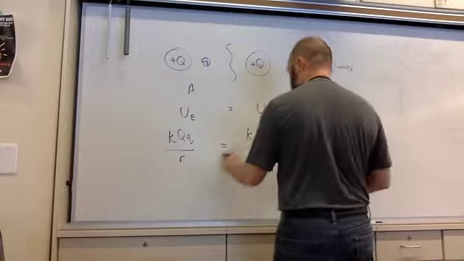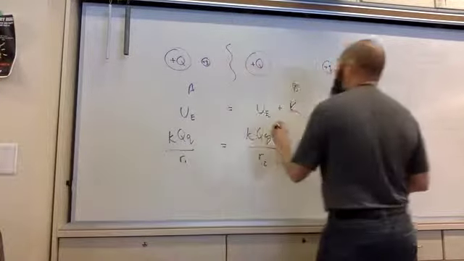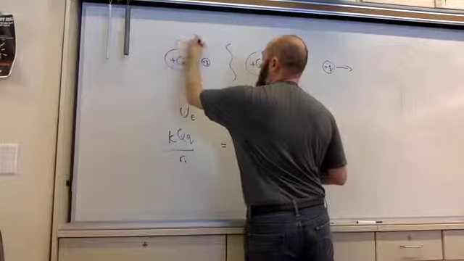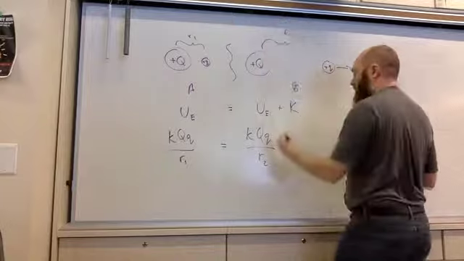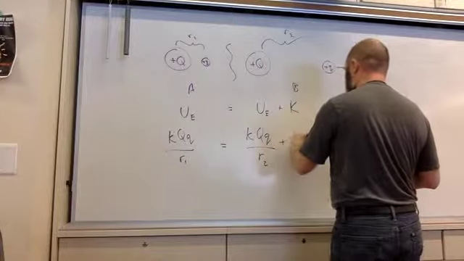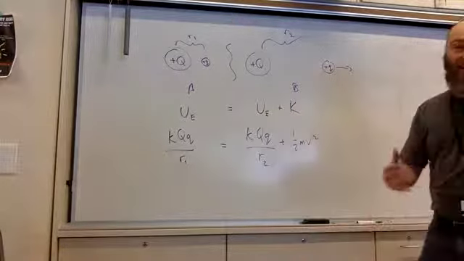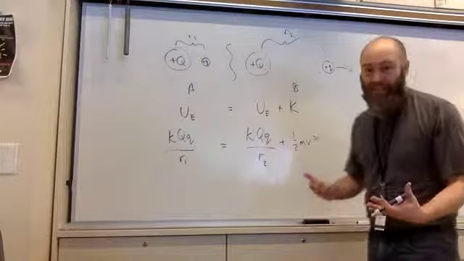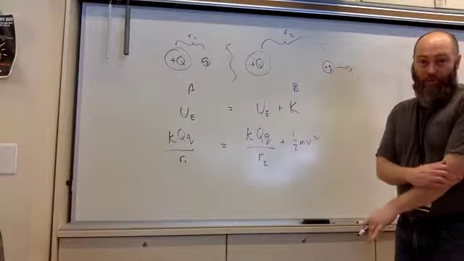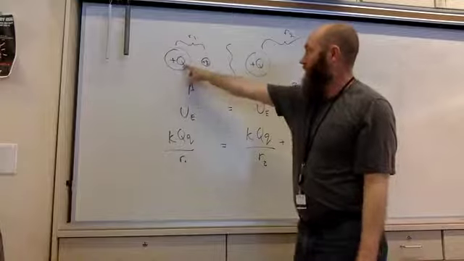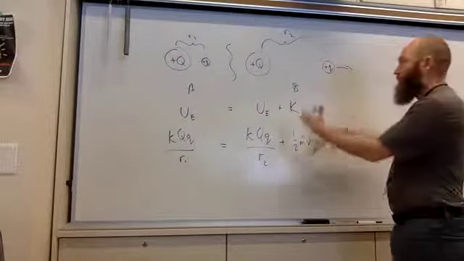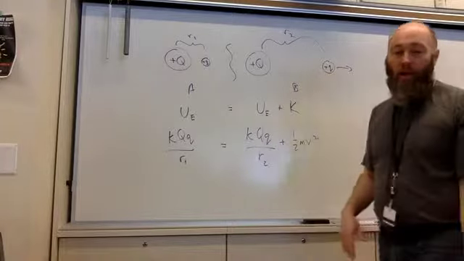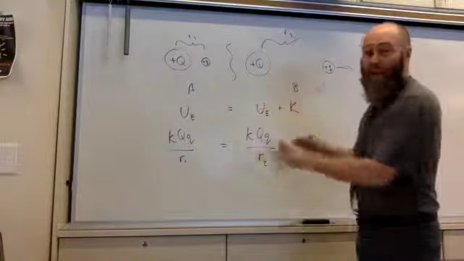I'll call this r1 and r2, so kQq over r1 equals kQq over r2 plus 1/2 mv squared. And if this was, for example, a proton, you could do this problem, because assuming we know how big Q is, we know how big little q is, and we know the mass of a proton, you could plug stuff in and solve. But this would be like, hey, they're repelling.